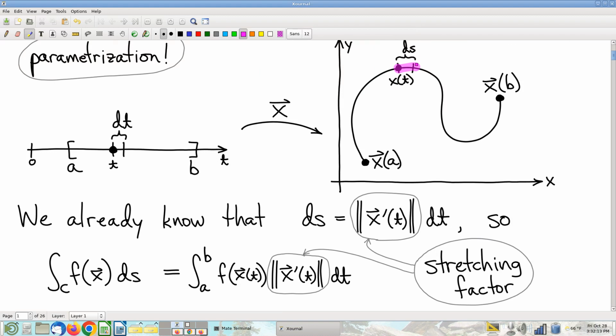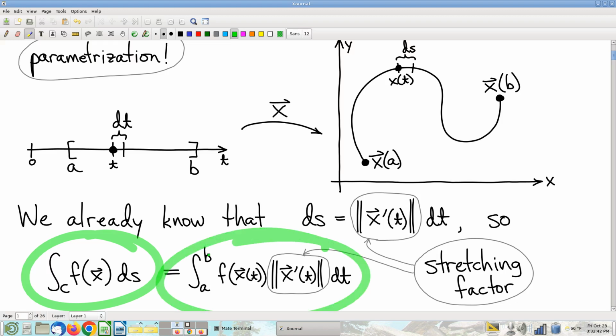You got to get your hands on how do you quantify size on a piece of curve, and of course its length, and that's easy to relate to size in our pullback domain, namely dt, because distance equals rate times time, and we already know how to compute rate. So that was kind of a freebie. Got lucky. Okay, so that said, we have for a scalar line integral, here's our formula.